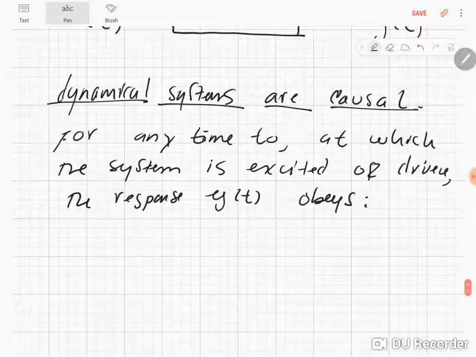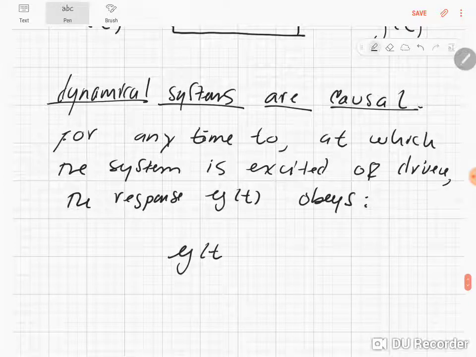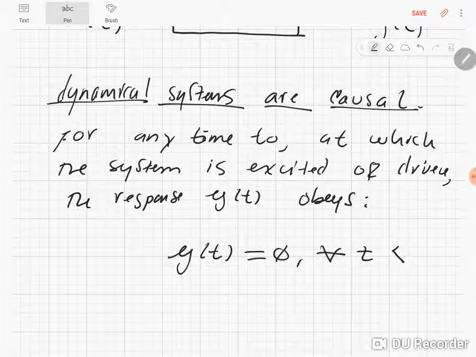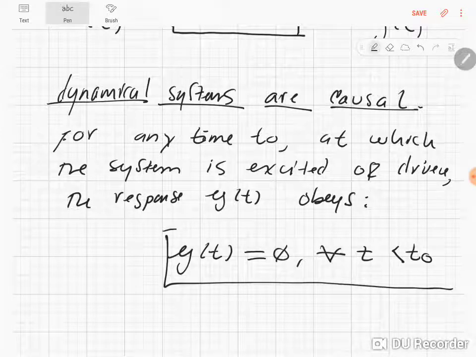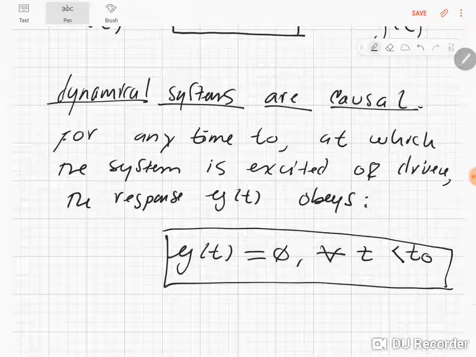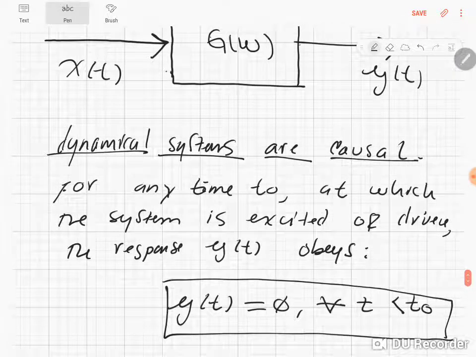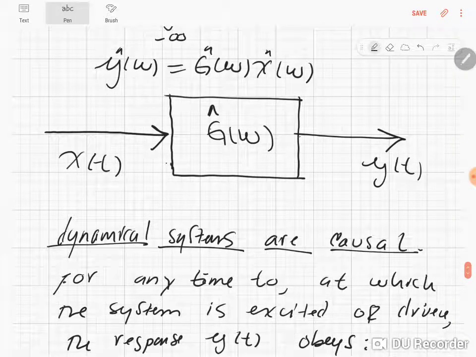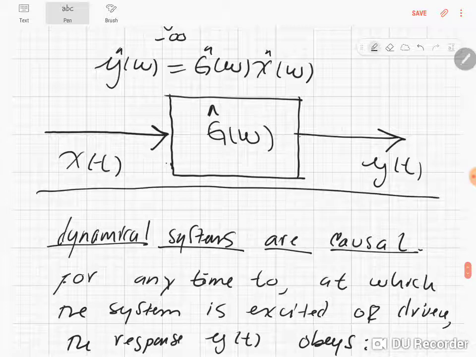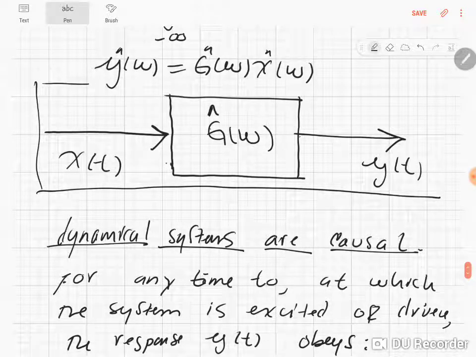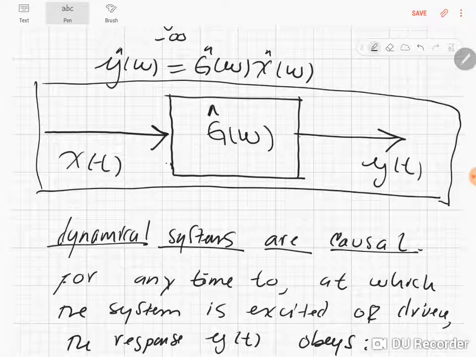It obeys this relation that y of t is equal to 0 for all t less than t0. This is what the causality property says, and we have to impose that property on this arbitrary dynamical system that we have been studying. That has to be imposed.